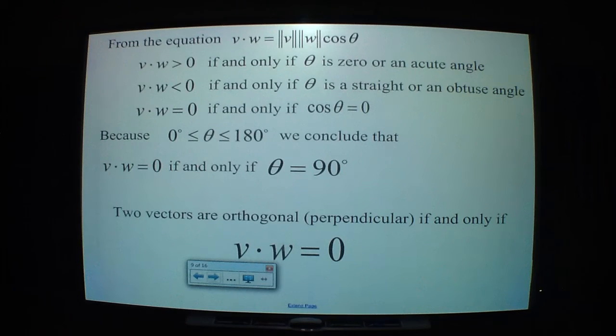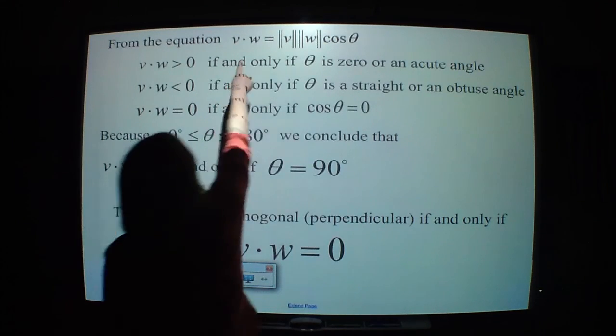From that equation, if the dot product is greater than 0, it is an acute angle. If the dot product is less than 0, it'll be an obtuse angle, or it could be a straight angle, 180 degrees. If the dot product is 0, cosine of theta will be 0 in this formula.